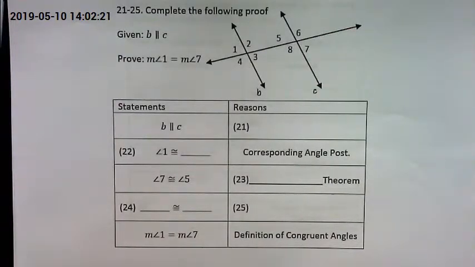I have not seen a proof where you had to type in. Could they ask you to do that, though? They could, but highly unlikely. All right? So again, most of the proof stuff I've seen on an FSA before is usually some type of multiple choice, drag and drop, word bank, those types of questions.